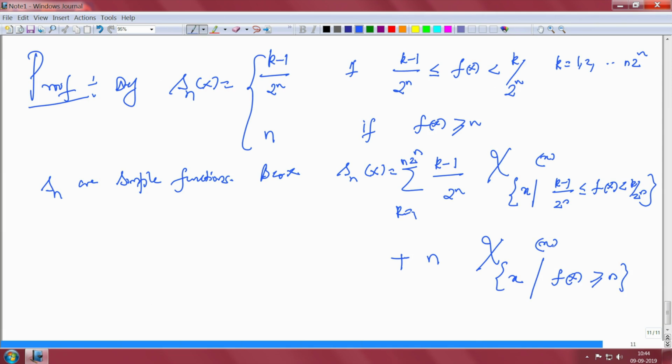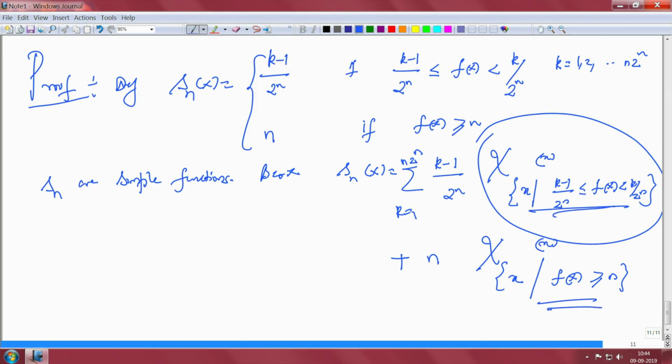So this is a linear combination of indicator functions. To say that it is measurable, all we have to do is check that these sets are measurable. What is the set of x such that (k minus 1) by 2 to the n is less than or equal to f of x less than k by 2 to the n?